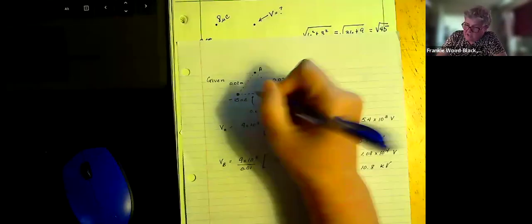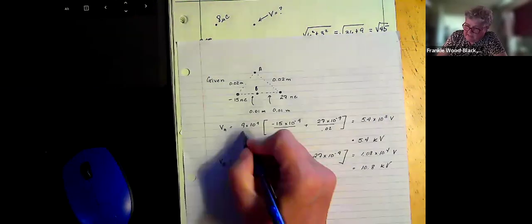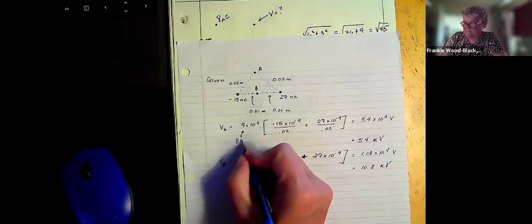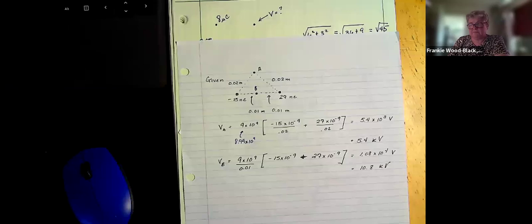And I've just used, in this case, 9 instead of my 8.99 times 10 to the 9th, just to make it a little simpler and easier to do. And you're doing the exact same thing in order to get that potential. So that just gives you another example to look at.